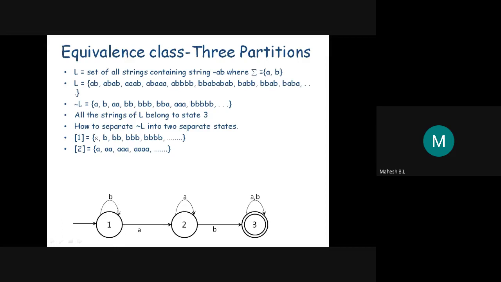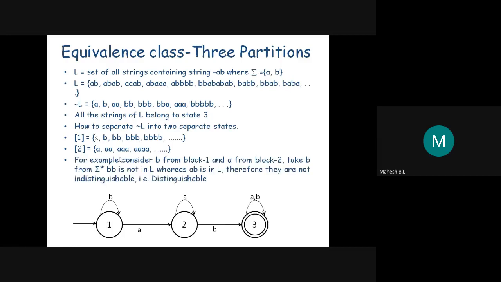You can have zero or more B's at the beginning, followed by at least one A, then the string gets rejected. Okay, so these are the two ways in which strings can be rejected. So that's why there are three partitions. One partition corresponds to all accepting strings, then two partitions correspond to rejecting strings. So a string can be rejected either by state 1 or by state 2. So there are two equivalence classes for rejecting strings.